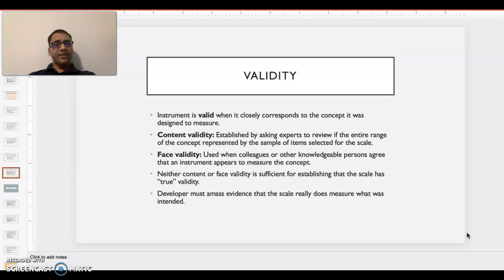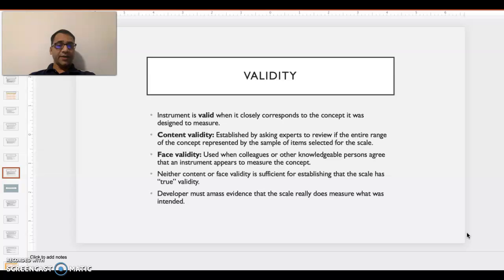Face validity is used when colleagues or other knowledgeable persons agree that the instrument appears to be valid. So just looking at the measurement or the scale, it looks really valid.